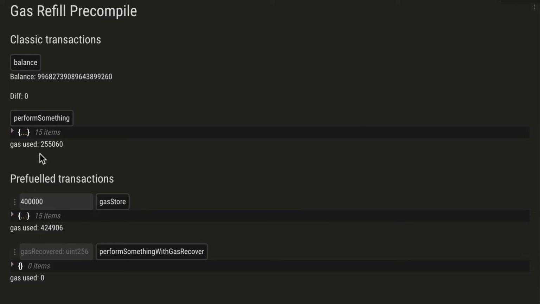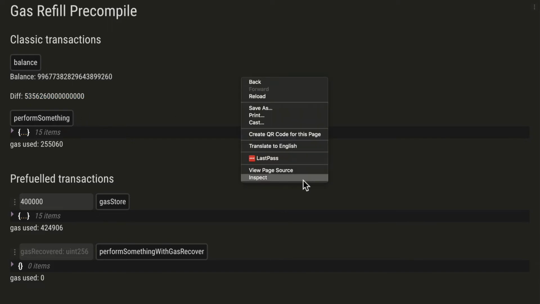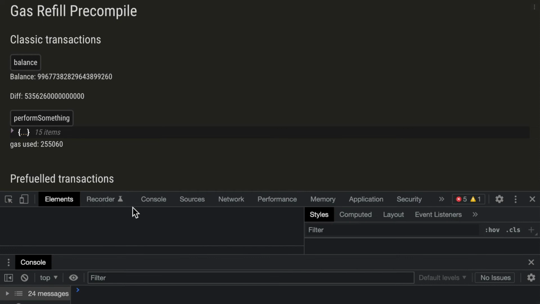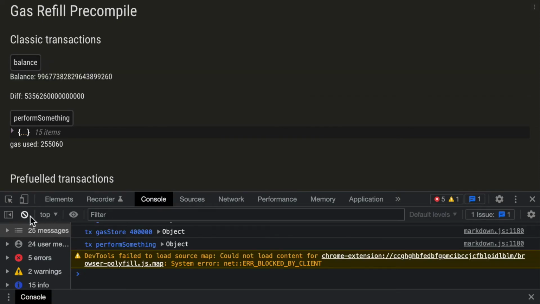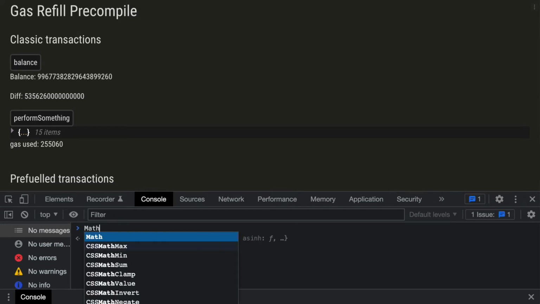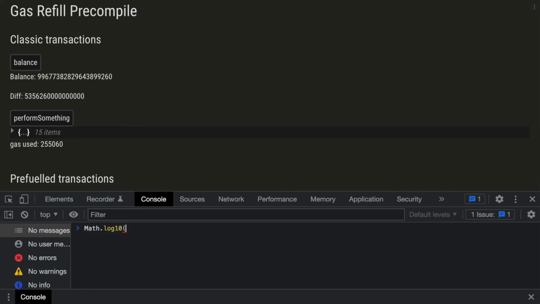So we see it uses 255,060 gas units. And this is the amount of balance that was consumed by executing this transaction. And this is around 10 to the power of 15.